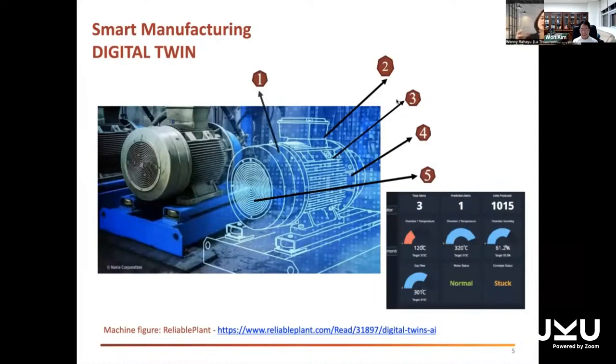So we have a very close physical representation within the virtual domain, whether that's in the remote screen monitoring the situation of this machine, for example. In the dashboard, we can see where the sensors are located and what is the condition of that particular part.